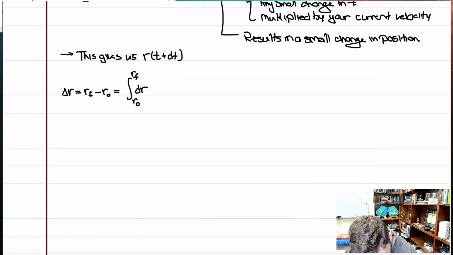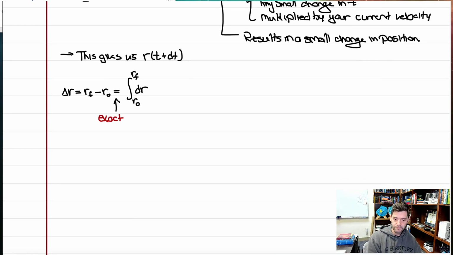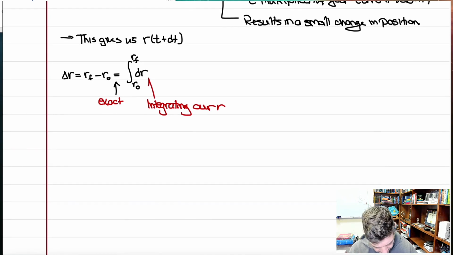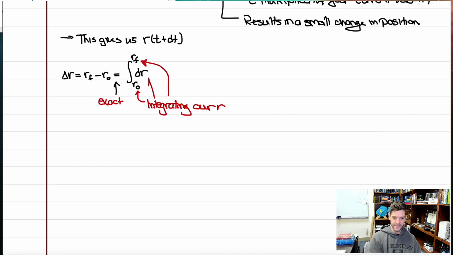Those things are all the same, of course, connected by an equal sign. What you're integrating over, in this case, is r, which is why the limits are themselves values of r, in this case r initial and r final.